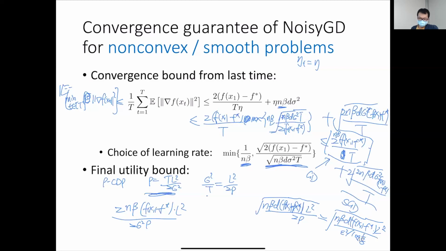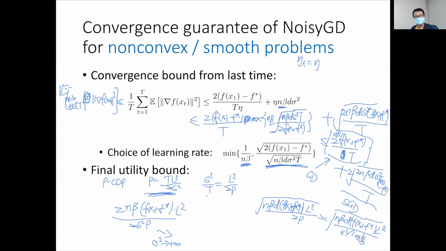What is interesting about this bound is that in order to calibrate the noise to this rho CDP, it suffices to calibrate sigma square over t. So sigma square and t can both go to infinity. But when rho is a constant and sigma square and t go to infinity, this term vanishes as sigma square goes to infinity. So we can make the first term arbitrarily small by using a large noise added to this and then using more iterations.